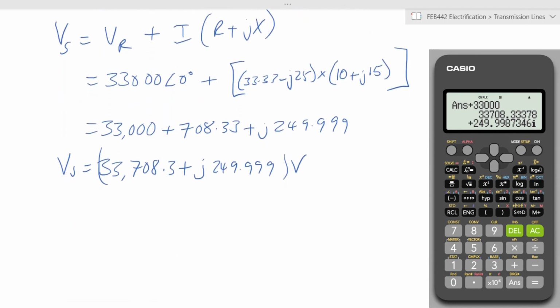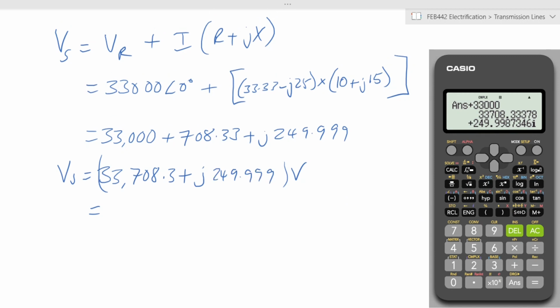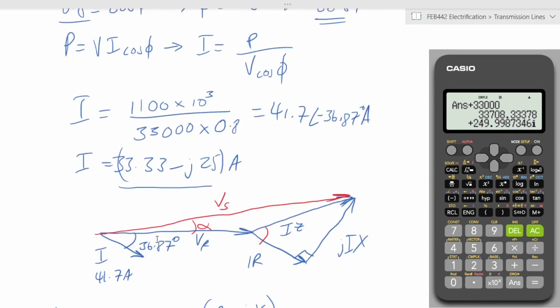From the calculator, we can directly convert it from rectangular into polar. So we can find straight away what is the angle that we have here. So in this case, our sending end voltage VS is here, right? If we want to represent what the answer we've gotten means, we draw a line from there and a line from there.